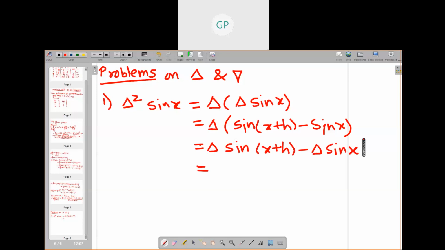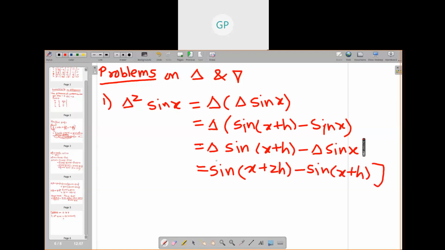So what is delta applied on sin of x plus h? Sin of x plus 2h minus sin of x plus h.